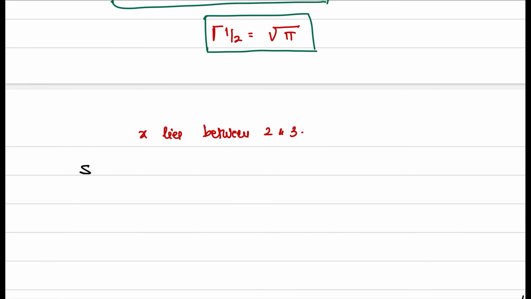Now, say x is equal to 2.5. That is equal to 5 by 2. Then this can be written as 2 plus 1 by 2, or we can even write it as 1 plus 3 by 2.